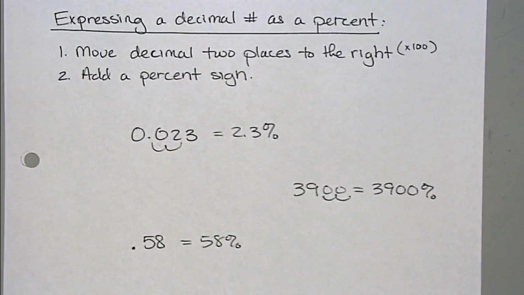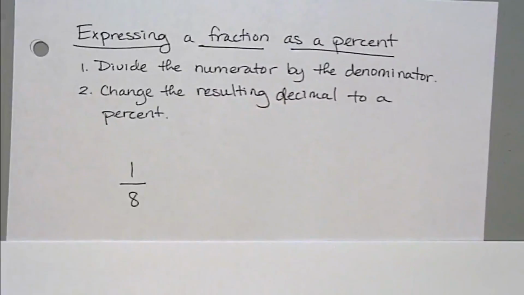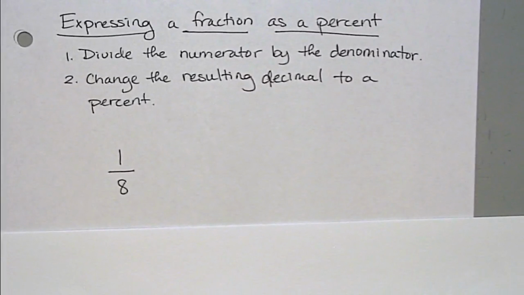You're also going to be asked to express a fraction as a percent. So here you have the number 1/8. The best way to do this is to first convert this fraction to a decimal. So you divide 1 divided by 8. It's always numerator divided by denominator.